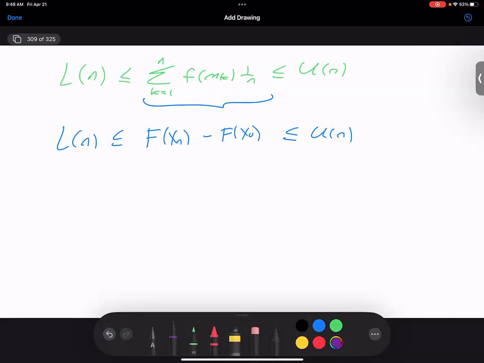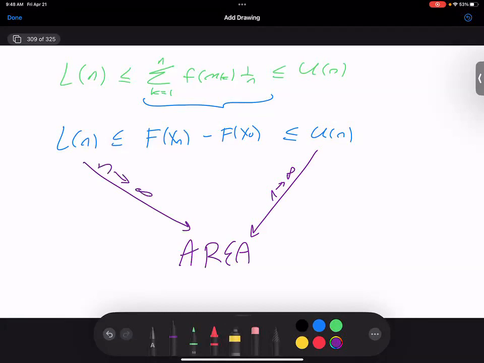And what's the common value that the upper sum and the lower sum converge to? The area. So as n goes to infinity, the upper sum converges to the area, and the lower sum converges to the area. Well, actually, it's not zigzagging like that. It's constant, right? The thing I have in the middle isn't changing at all.